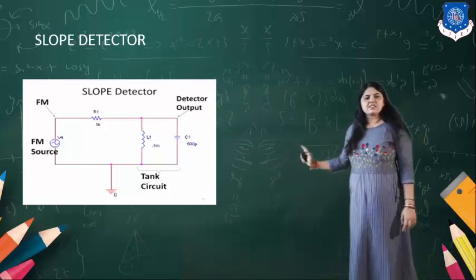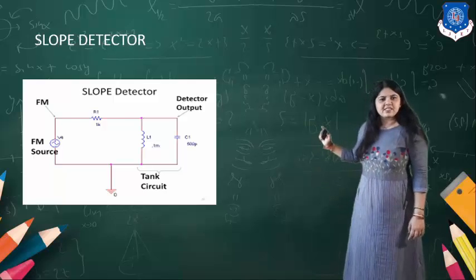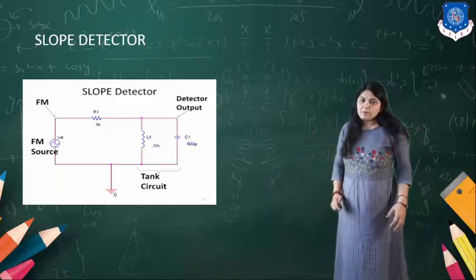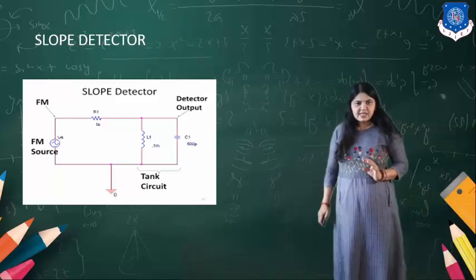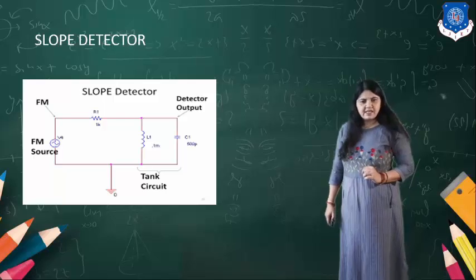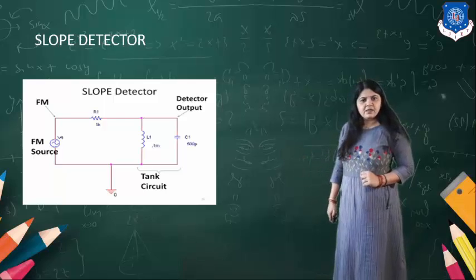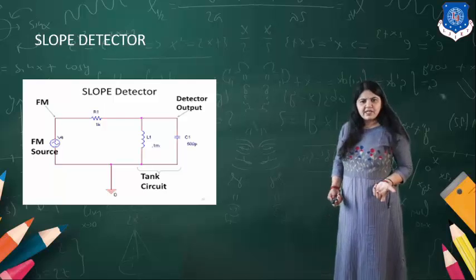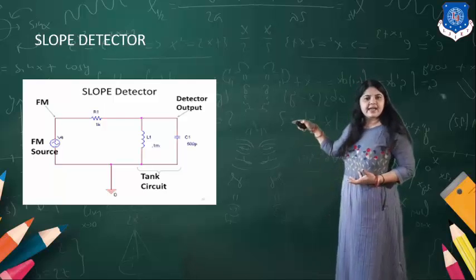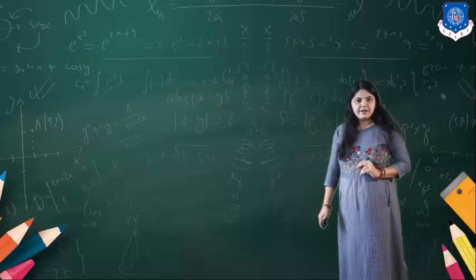Now this is the diagram of the slope detector. You can see the FM source by which the FM signal is applied. We have a parallel tank circuit, the tuned circuit with the LC component, and the detector output is collected at the other end.